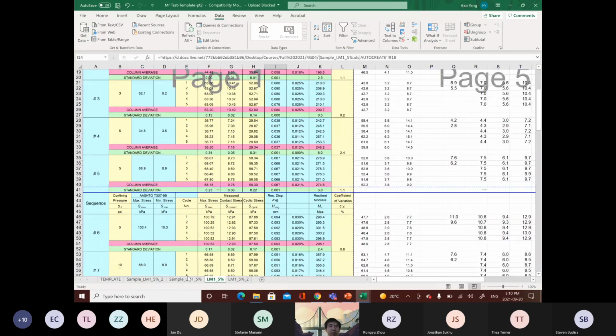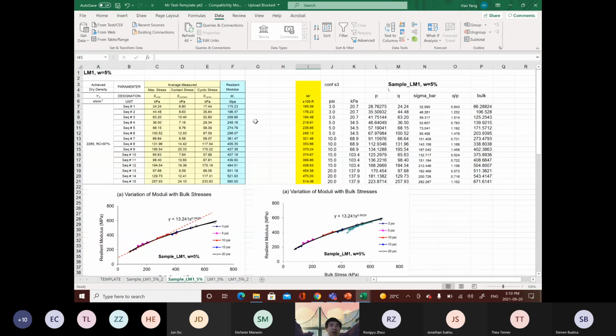This raw data will then be further summarized into this simple table, and it will show you the sequence number with respect to the maximum stress, the contact stress, and also you calculate the cyclic stress.